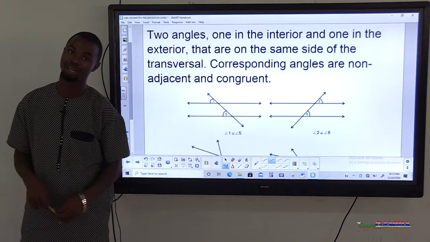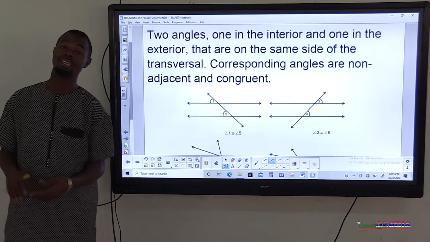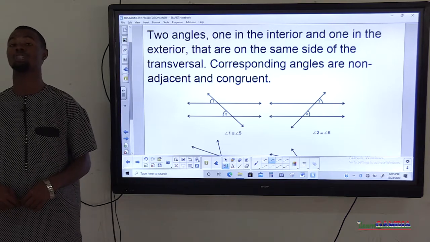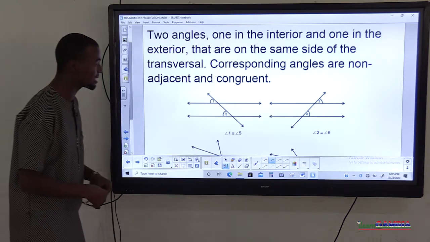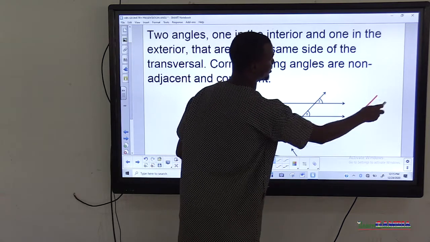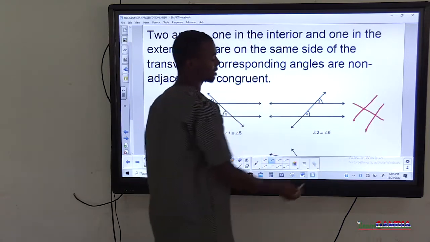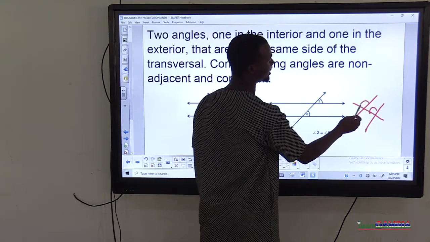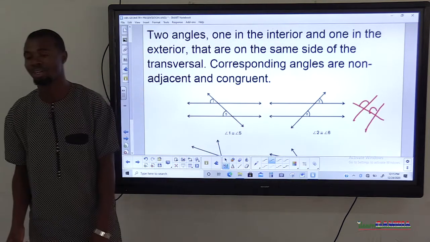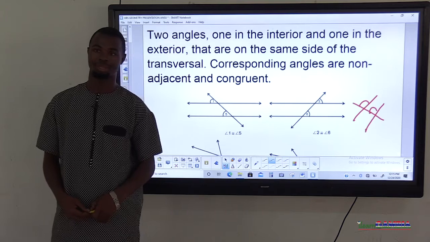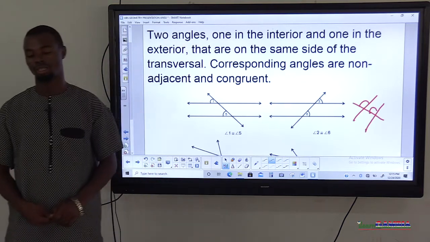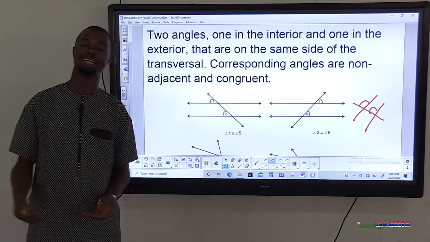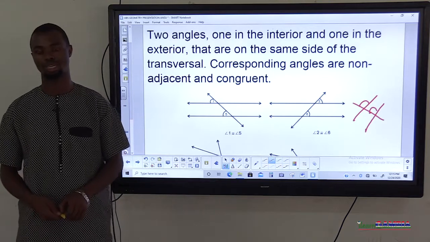One interior and one exterior angle on the same side of the transversal, non-adjacent, are called corresponding angles.